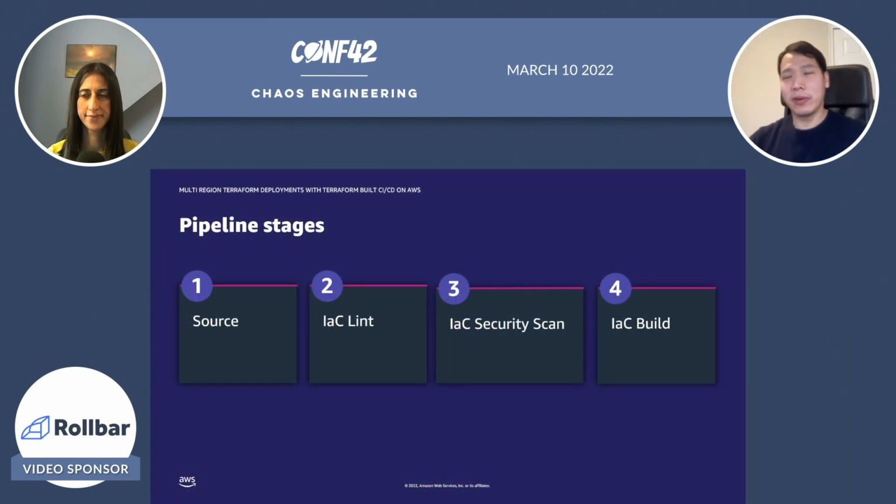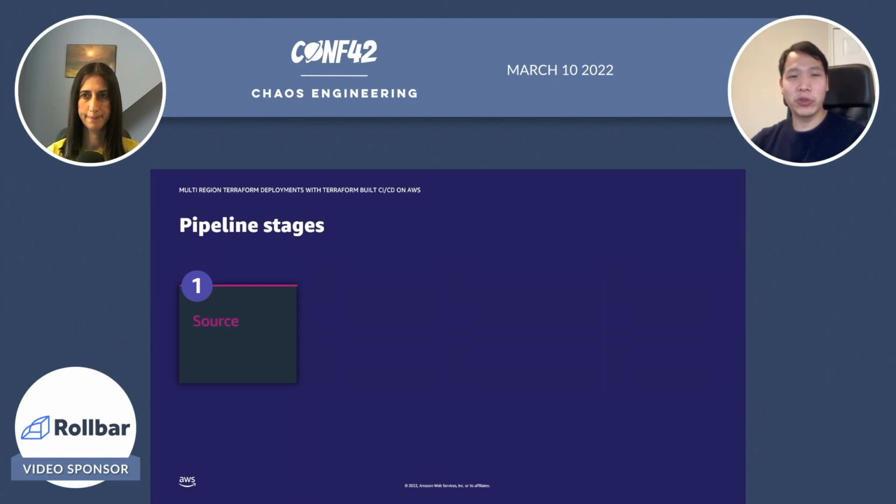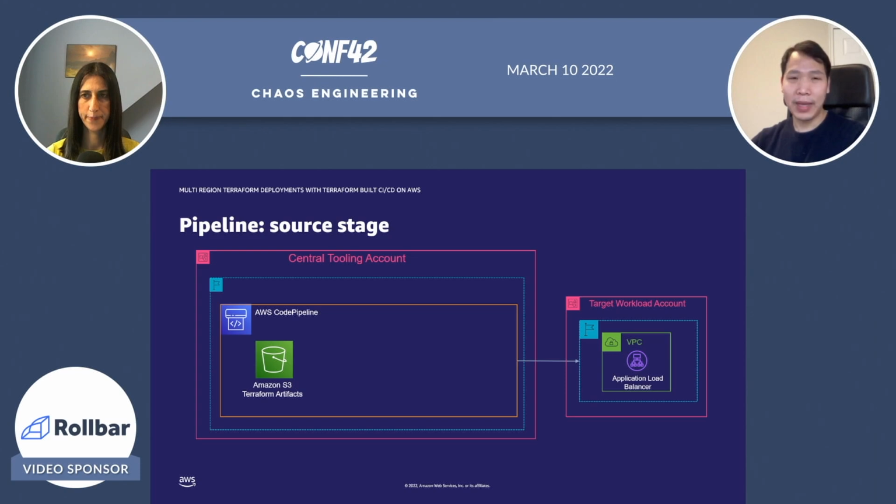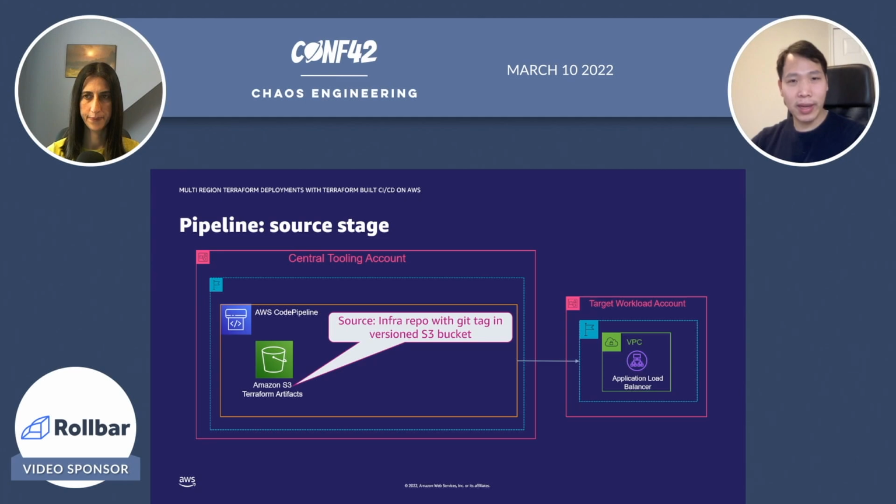So Jack, what about the core infrastructure pipeline? Let's zoom into different pipeline stages. First, we want to look at the source stage. In the source stage, we have a versions S3 bucket that is the source of the pipeline. It contains two pieces of information. One is the Terraform code that describes the target state infrastructure on the right.